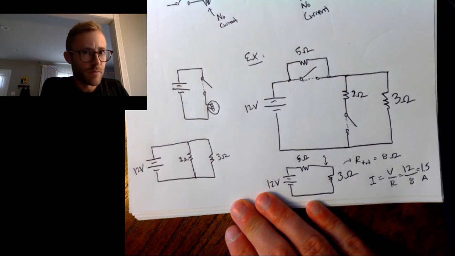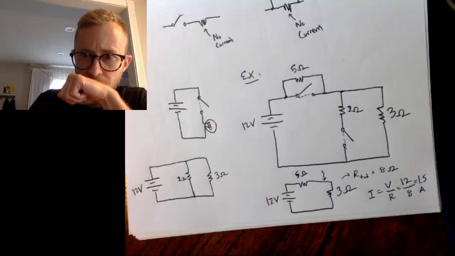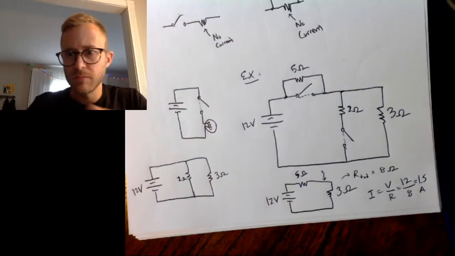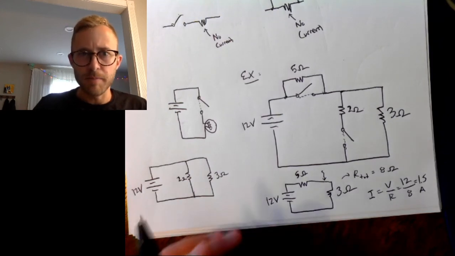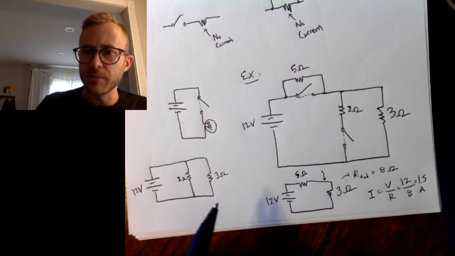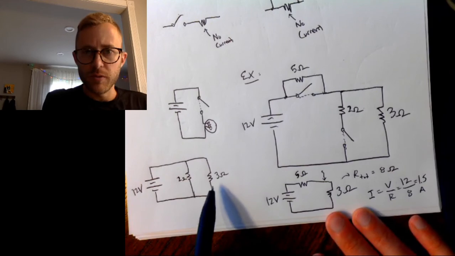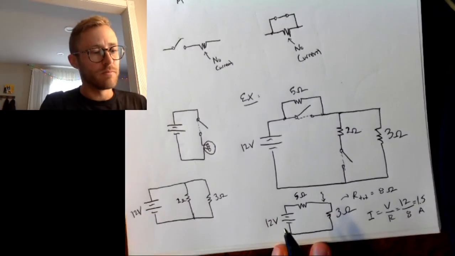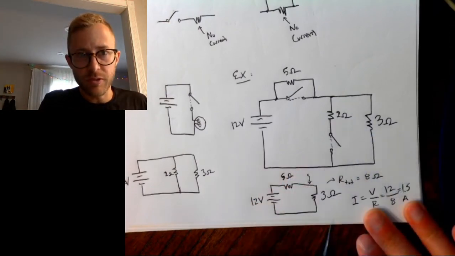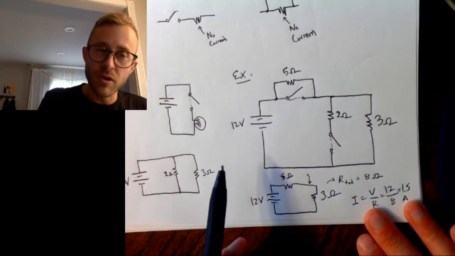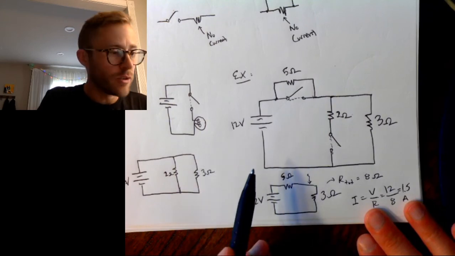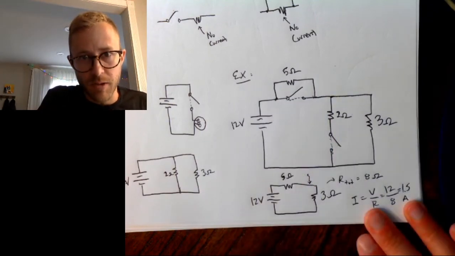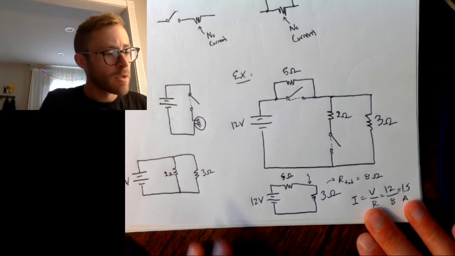So what you want to do is when a switch is open, you want to exclude the branches of the circuit that have an open switch on them. When the switches are closed, you want to include that part of the circuit. Okay, so that's what I've done here.